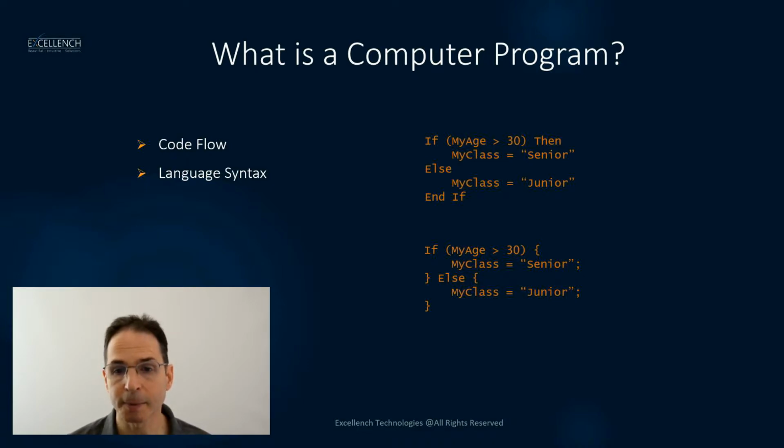You can see, for instance, that the then and end if are gone. The blocks of code are designated by curly brackets that open and close every block. And you can see that there is a semicolon ending each and every command or statement.